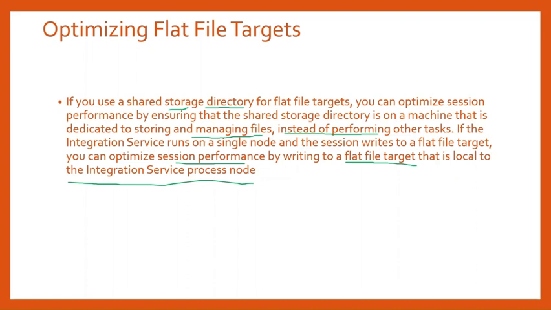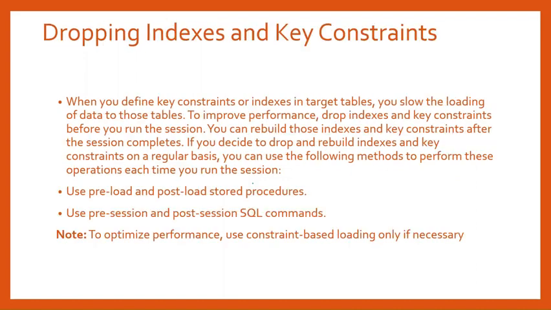Suppose you're transferring to some other area, and there is some shared location. Instead of the shared location, you need to write the target in a local area, local to the integration service process node. These things you need to modify in your mapping to optimize the flat file target. Suppose your flat file is taking a huge time, like you identified the bottleneck on your target side, then during that time you need to fix these points, correct.